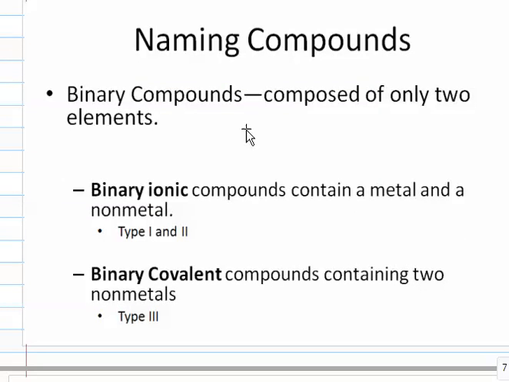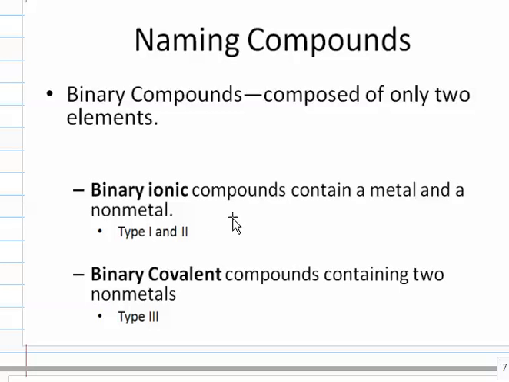We define a binary compound as any compound that contains only two types of elements. It does not necessarily mean it's diatomic. There can be more than two atoms, but there are only two types of elements. And these binary compounds fall into three different categories, and I categorize them as type 1, type 2, and type 3. So both type 1 and type 2 are binary ionic compounds.